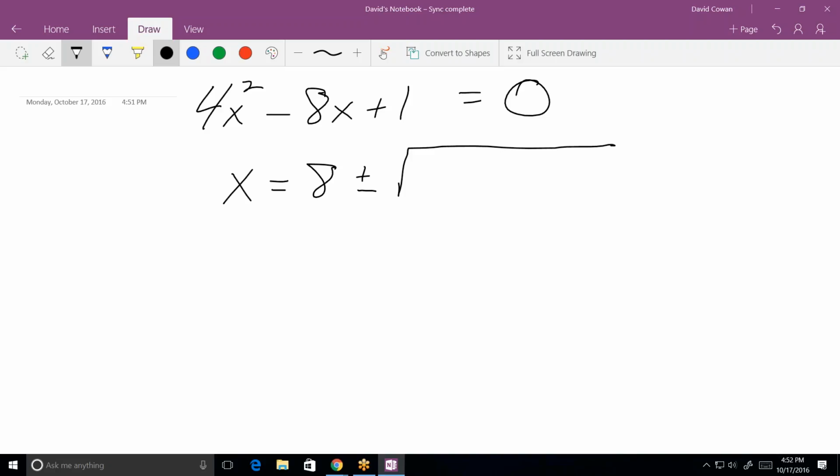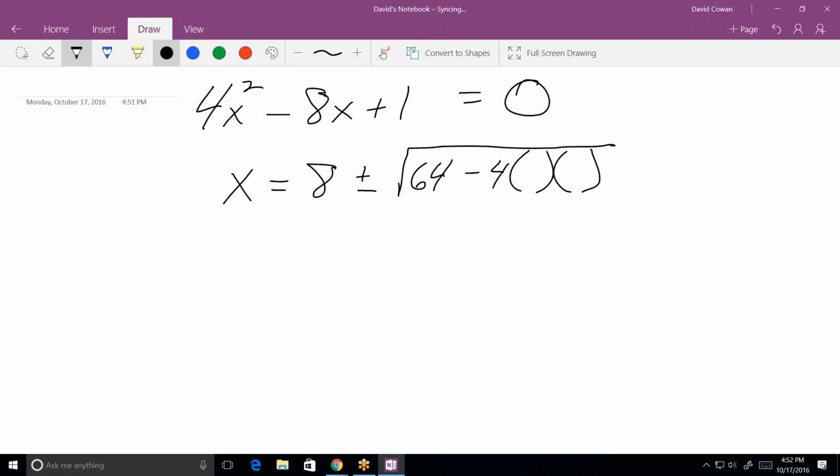Now, notice in this step, it doesn't matter whether it's negative 8 squared or 8 squared, does it? Negative 8 squared is positive 64, and positive 8 squared is positive 64. So you can avoid having to write that out in that much detail and just write 64.